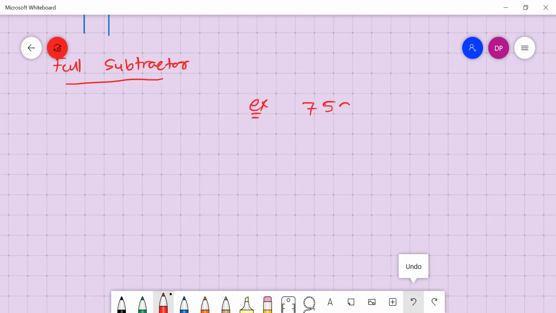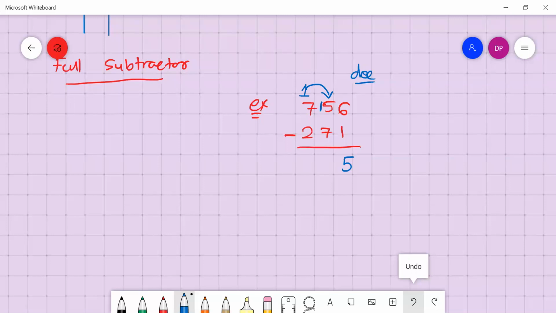You have a number, let's say 756, and let's say this is 271. I'm going to subtract these two. So what I will get, 6 minus 1, this is a decimal number, is 5, and then 5 minus 7. Is it possible? 5 minus 7 is not possible. So you have to take a borrow from here. If you take one borrow from here, this will become 15.